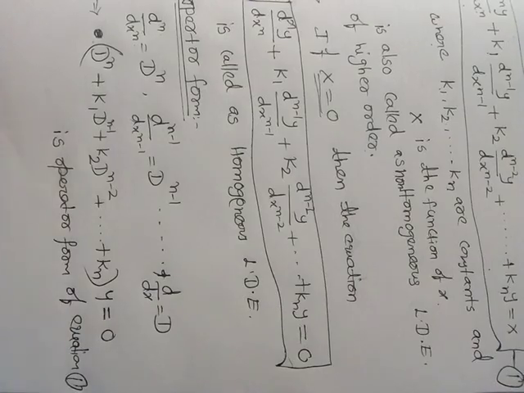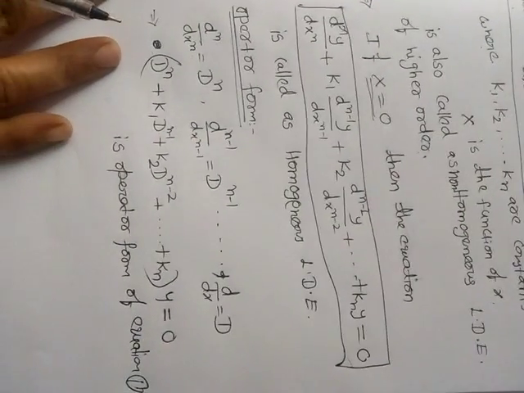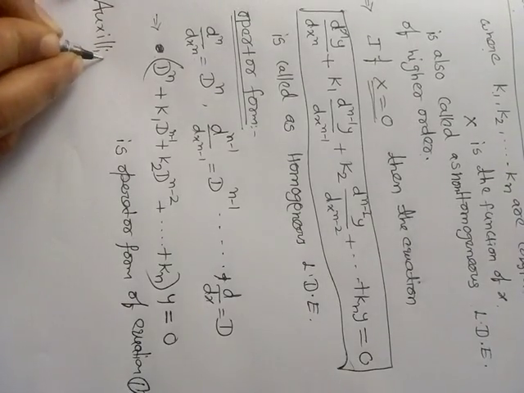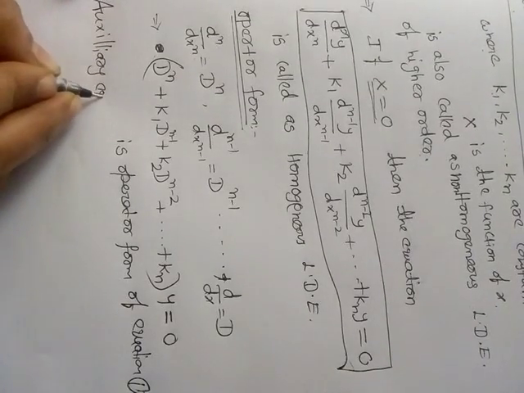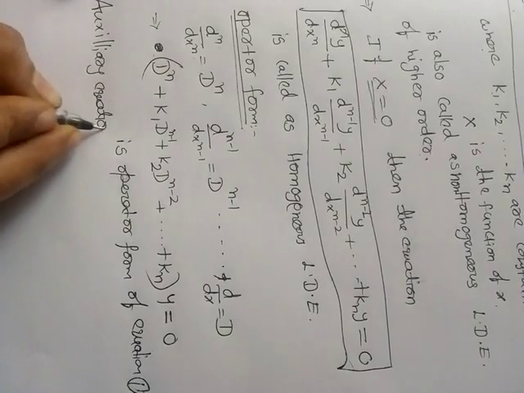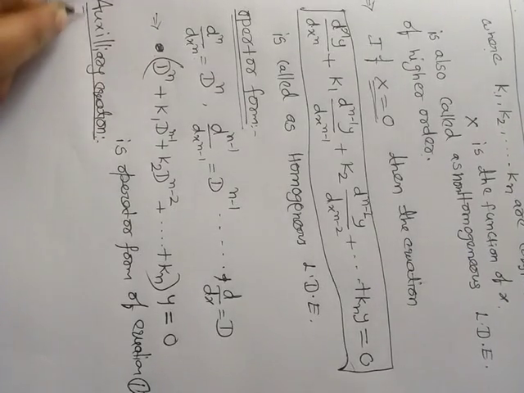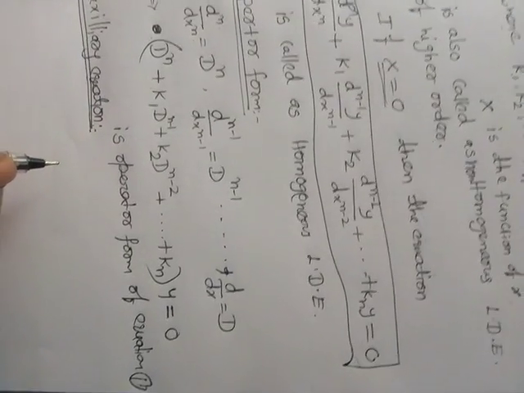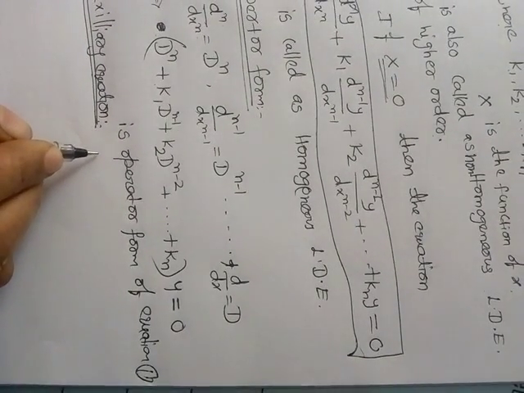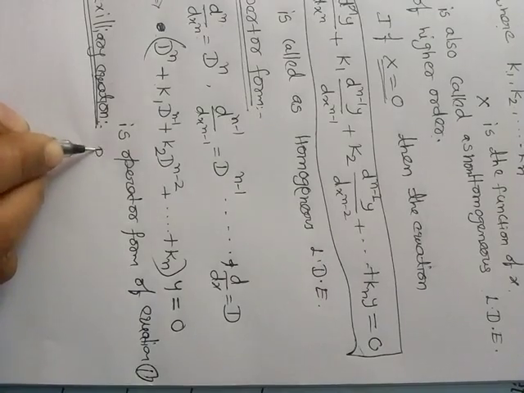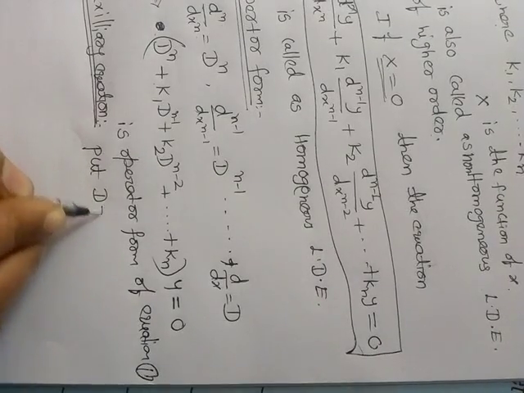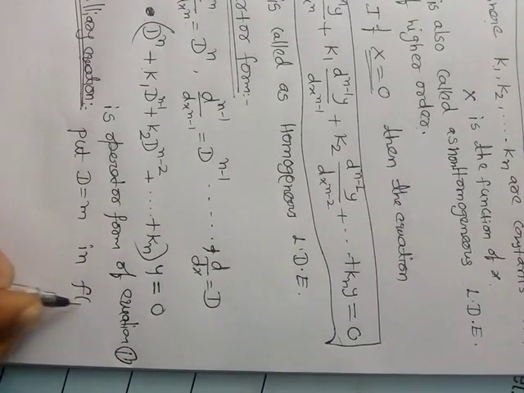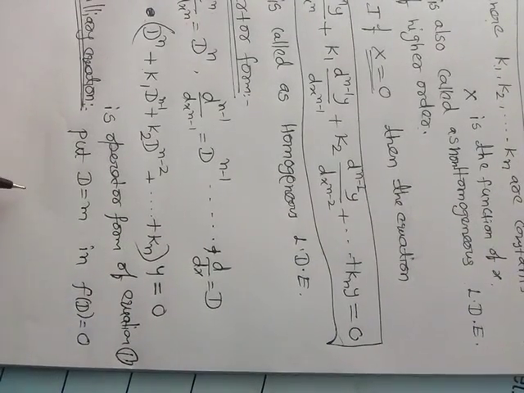Now we take the auxiliary equation. In place of D we take m, that is, put D = m in f(D) = 0.